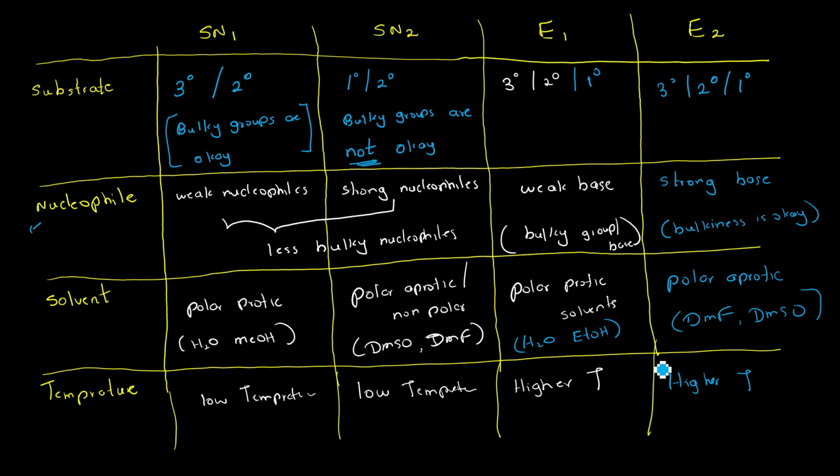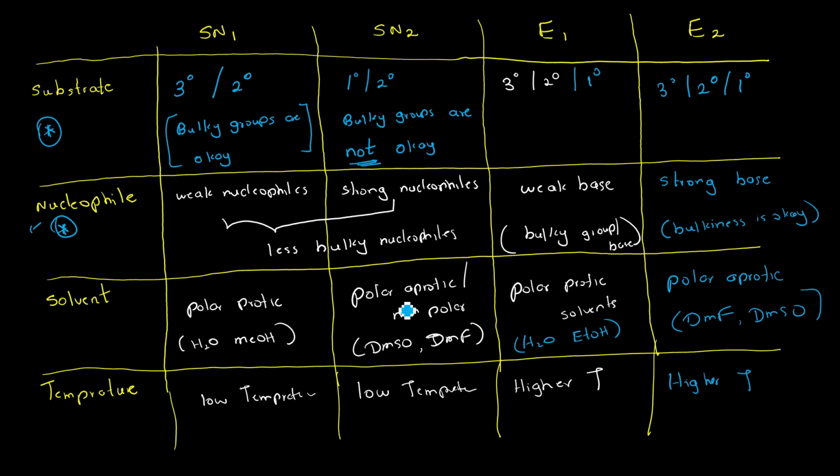When you are doing the questions, always target these things: nucleophile and substrate. These sides are important, right? Don't look at the temperature initially. Look at the temperature at the final step. Temperature is not that important. Yes, high temperatures facilitate elimination reactions, but it doesn't always do that, right?